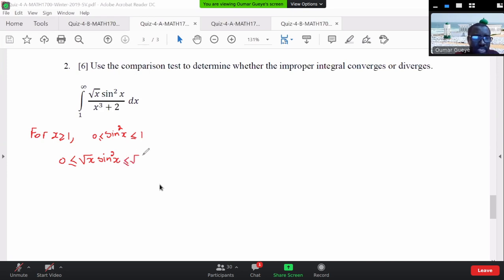In fact, what I did is multiply this double inequality by root x. Since root x is positive, this will not change the double inequalities.